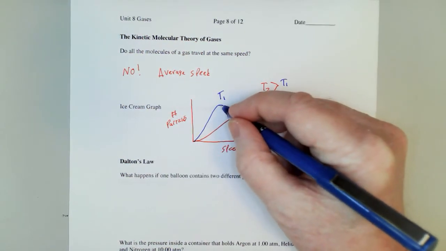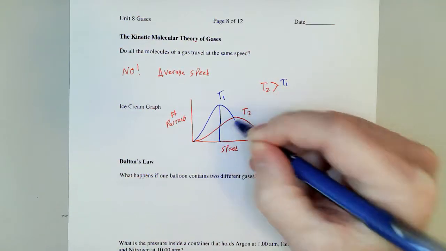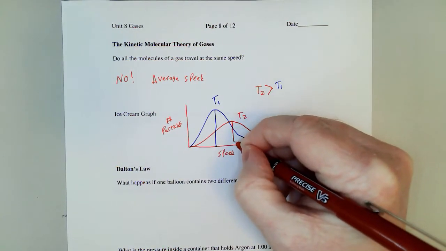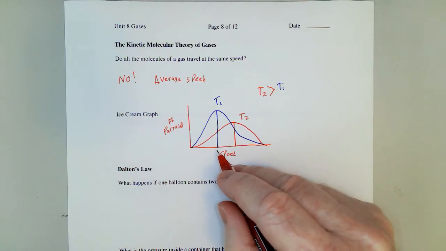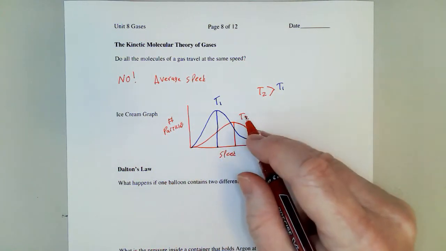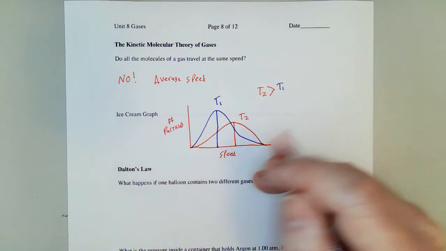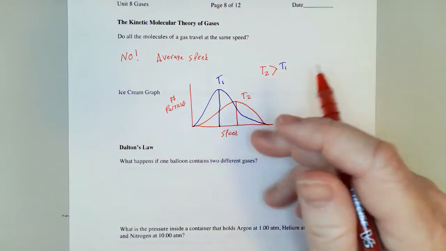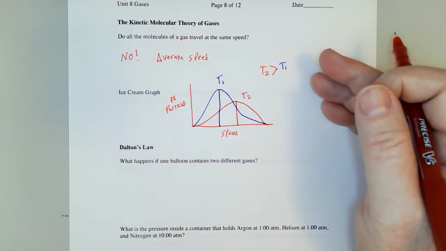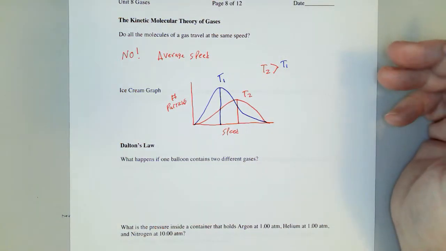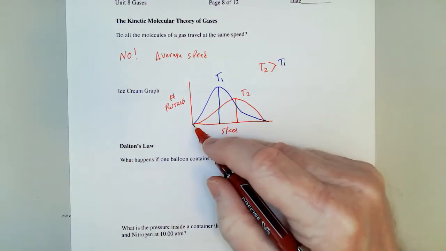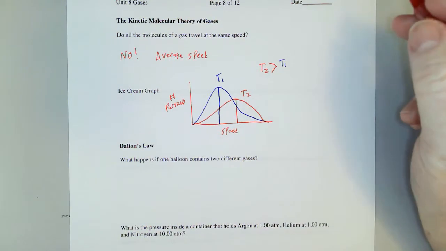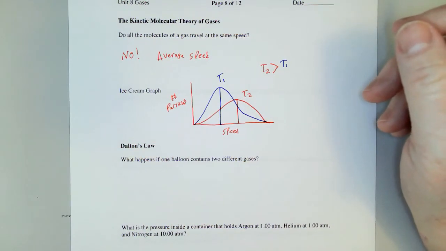We've still got the same number of particles, that hasn't changed, but at the lower temperature, T1, this is the speed they're moving at on average, and at the higher temperature, T2, that's the speed that they're moving at on average. More of the molecules have faster velocities at the higher temperature than at the lower temperature. However, we still have the outliers. We still have some that are very slow and some that are very fast. It's just not very many of them.